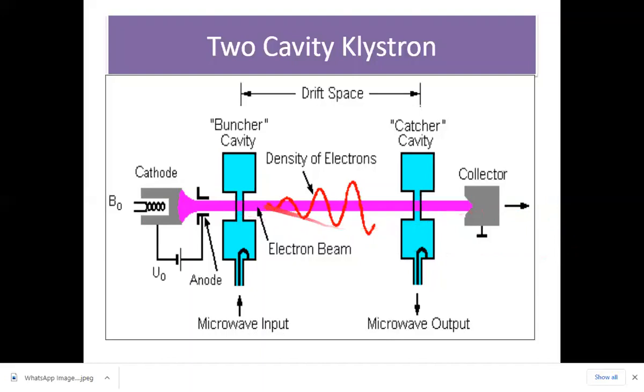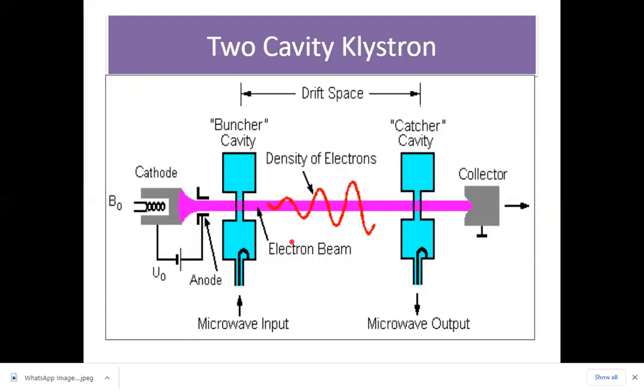When the heater heats the cathode, electrons are ejected from the cathode and accelerated towards the anode due to the high DC potential between the two elements. A focused beam of electrons is thus produced. In this tube, there are two microwave cavity resonators, the buncher and the catcher.